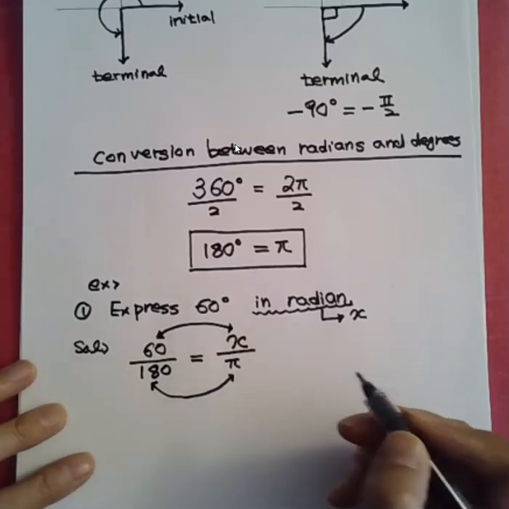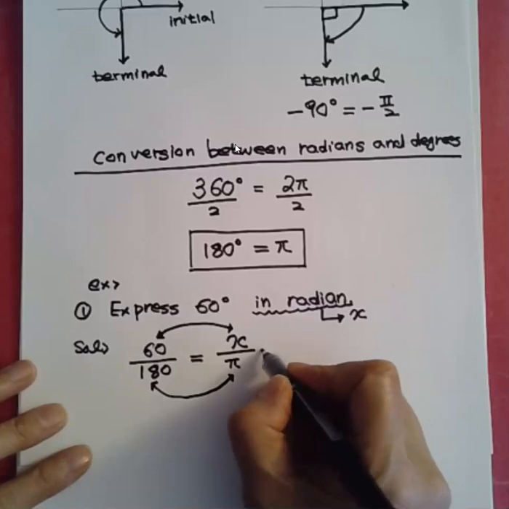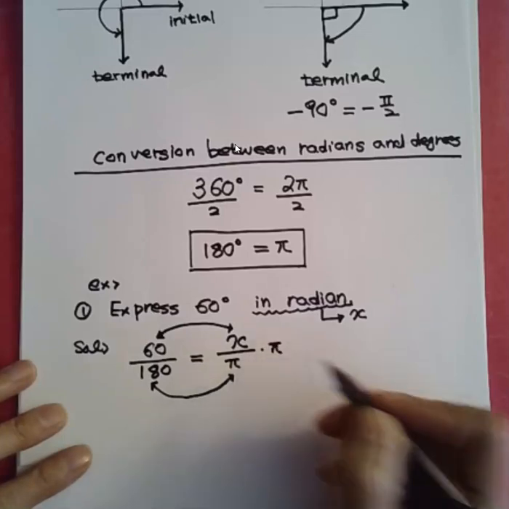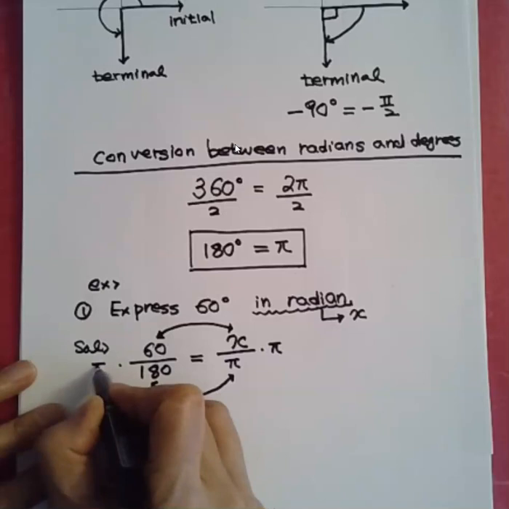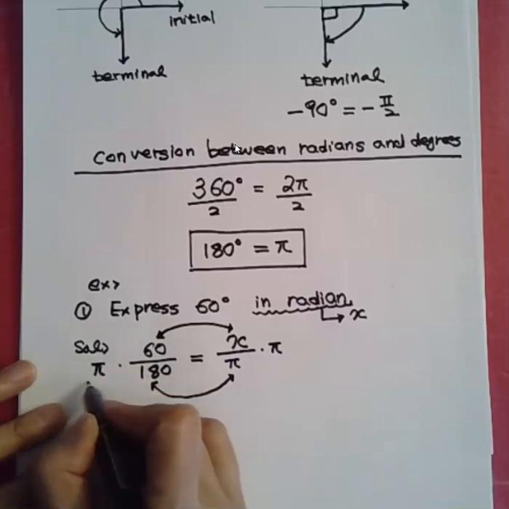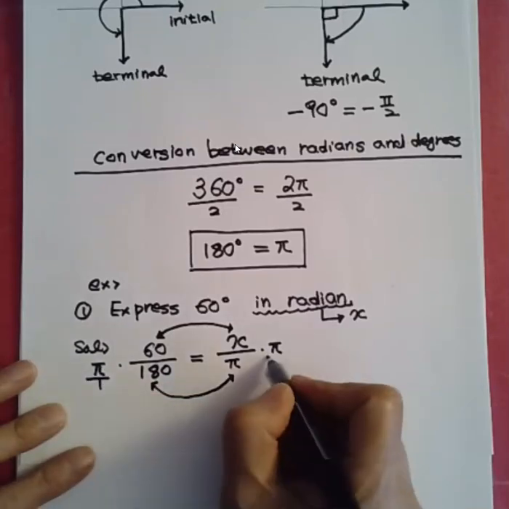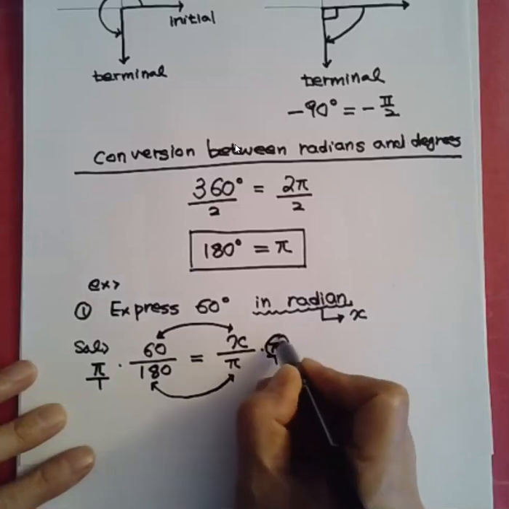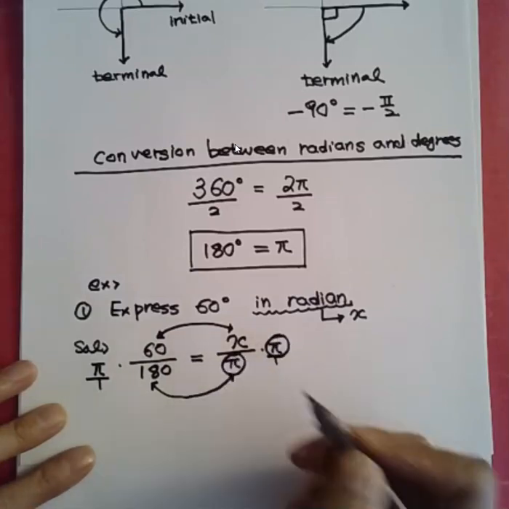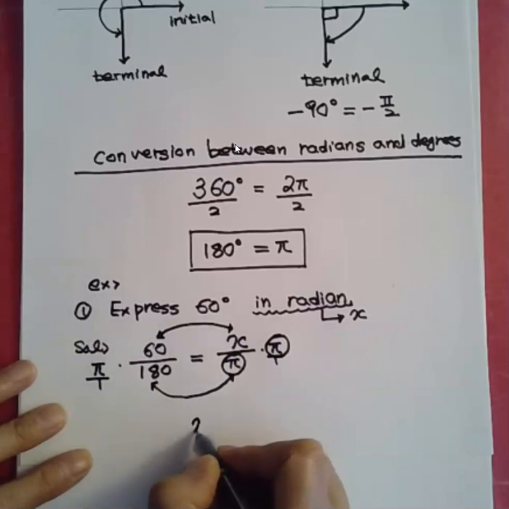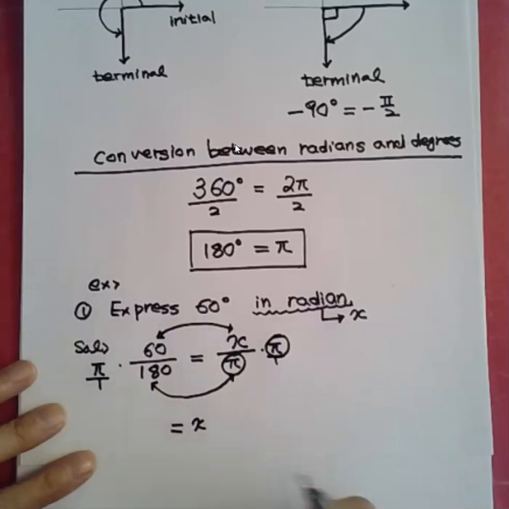We have to solve for x, so we want to remove pi on both sides. So we will multiply by pi on both sides. So this same thing will cancel each other. So we get x on the right side.